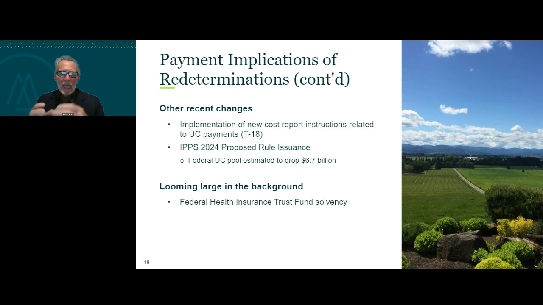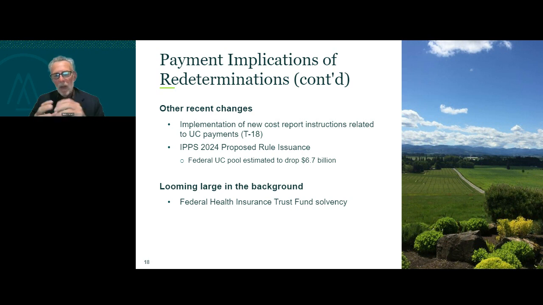And so I say that because on top of all these other changes, we have this looming budget problem out there that at some point is going to have to be addressed. And there's multiple things that can be done in isolation, or those things can be done in cooperation with each other. But in likelihood, there's going to be some impact to payments on hospitals in the future to try to help shore up the trust fund or a change in payroll taxes.